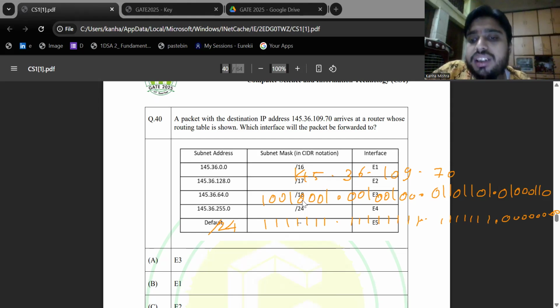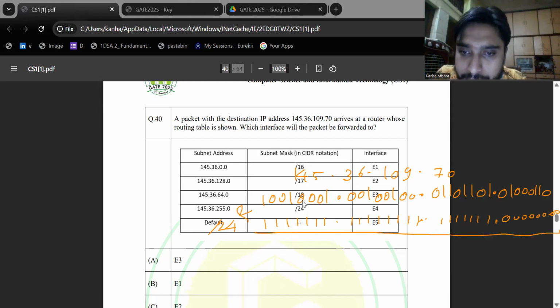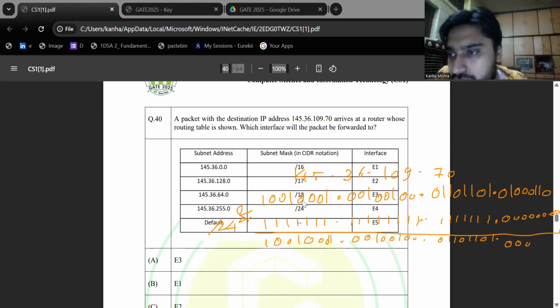So the resulting network address which we will get, if I perform the AND operation, will be 10010001 dot 00100100 dot 01101101 dot 00000000.